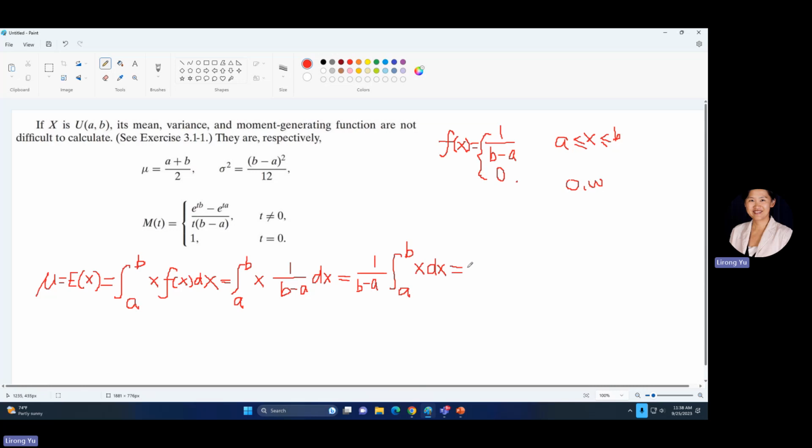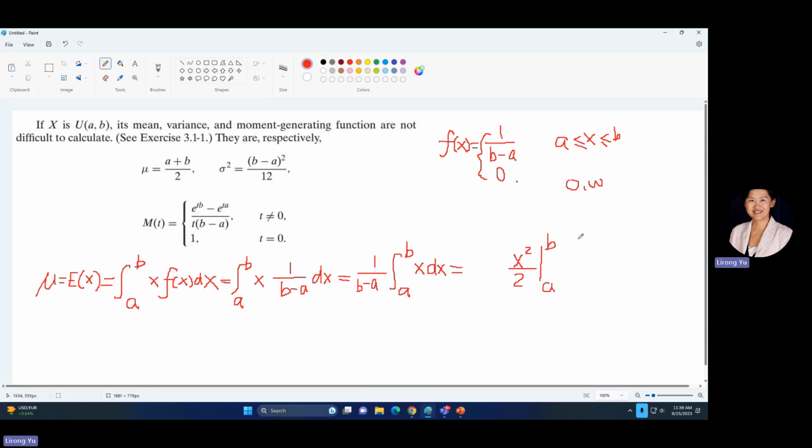The antiderivative is the function that has that derivative. According to the power rule, this is power 1, and 1 plus 1 is 2. Integration raises the power, so x to the power 2 over 2 is the antiderivative, and we calculate it from a to b.